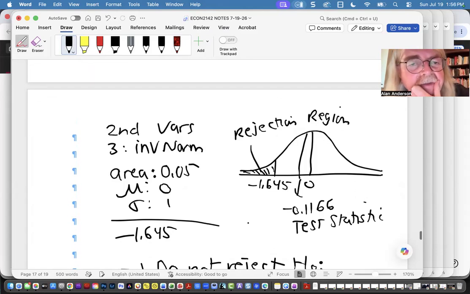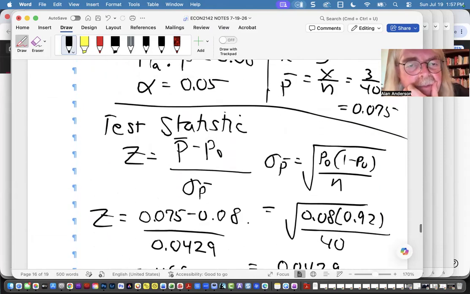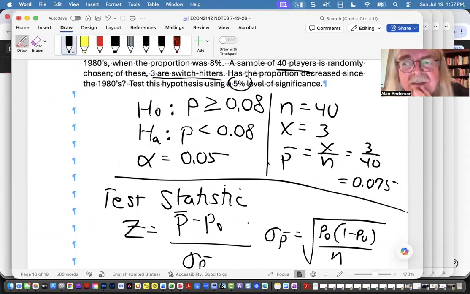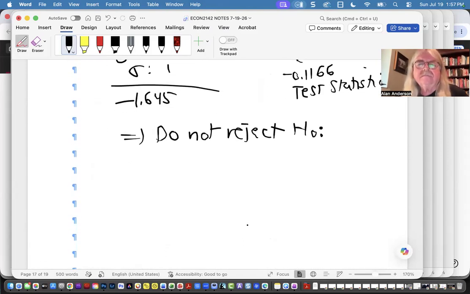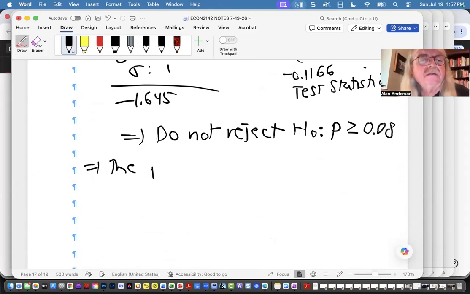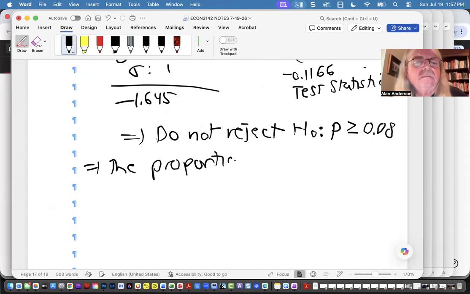So we do not reject the null, that the proportion is at least 8%. So it basically means that the proportion of switch hitters has not changed.